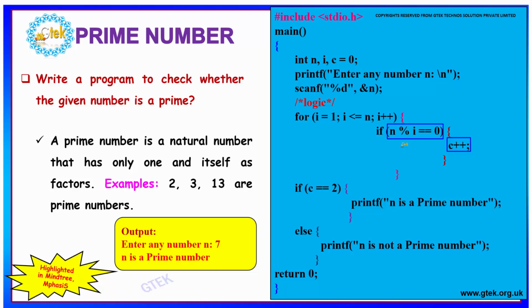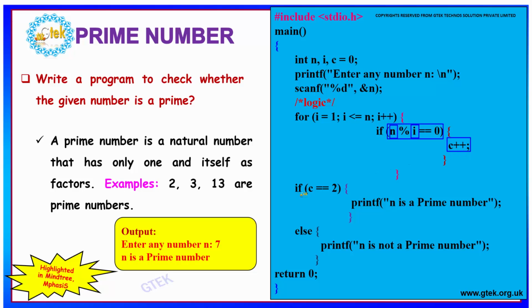For 2, 3, 4, 5 and 6, 7 is not perfectly divisible, hence you will have remainders which are not equal to 0. And again, when your i value turns out to be 7, which is your n value, 7 modulus 7 will be equal to 0 because 7 is perfectly divisible by 7. That makes your c value be incremented.